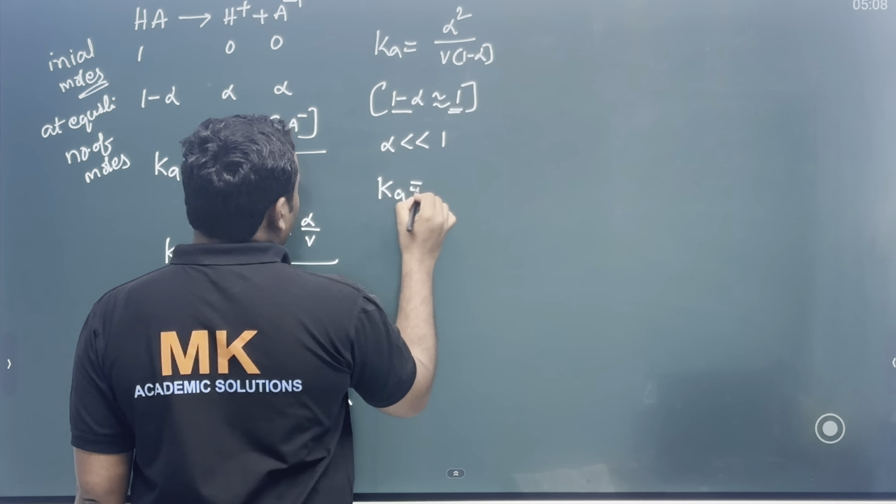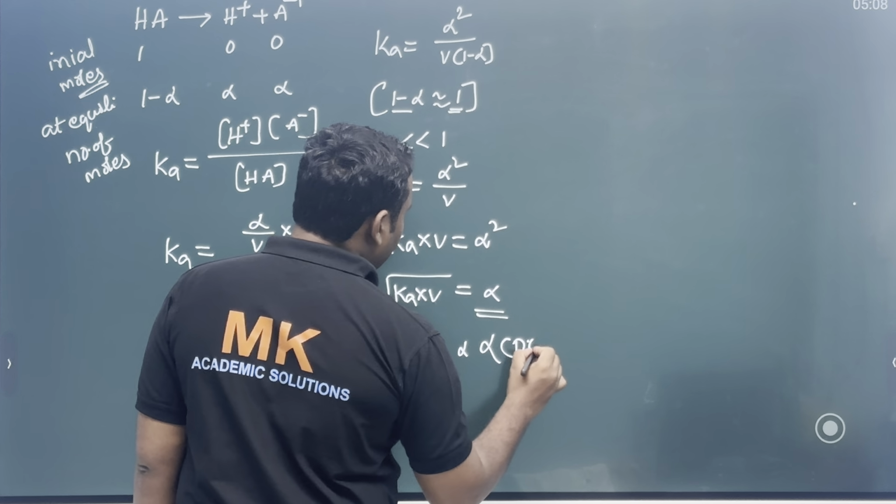Therefore, Ka into V is equal to alpha square. Therefore, alpha is equal to square root of Ka into V. So this is the relation, or simply, if you remove the constant, square root of V is proportional to alpha, the degree of dissociation.